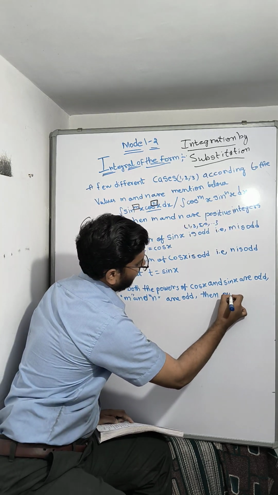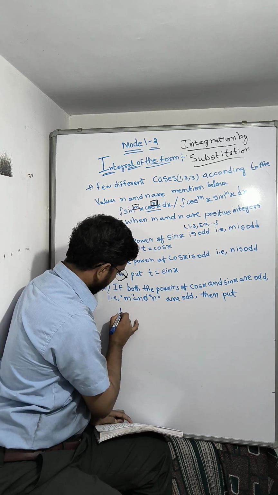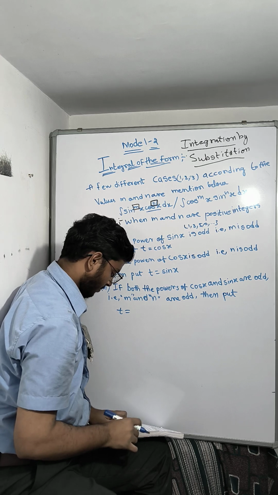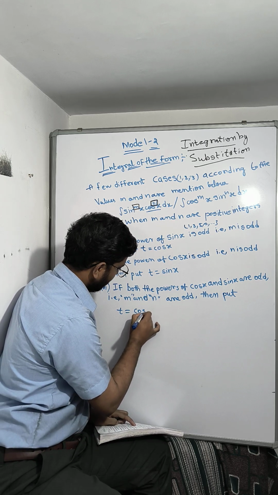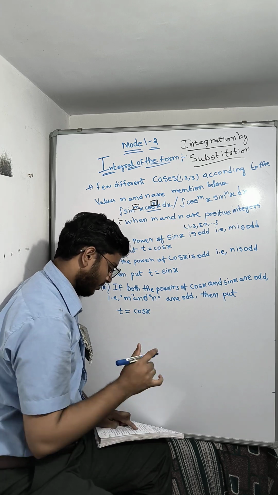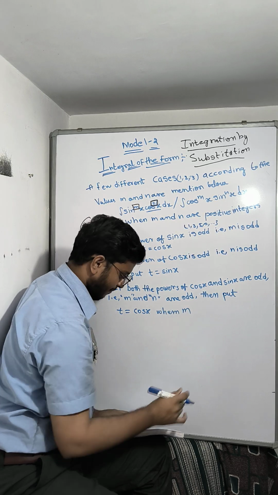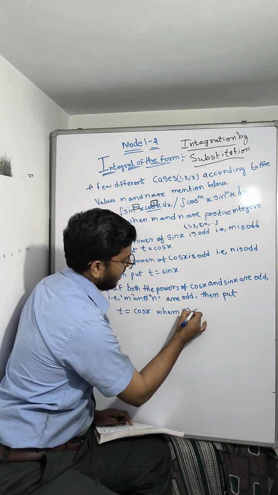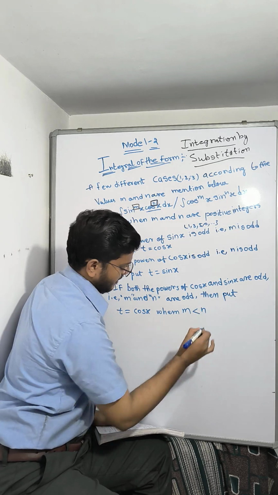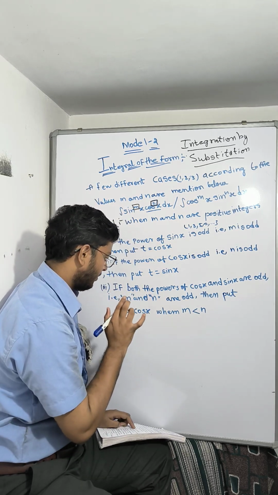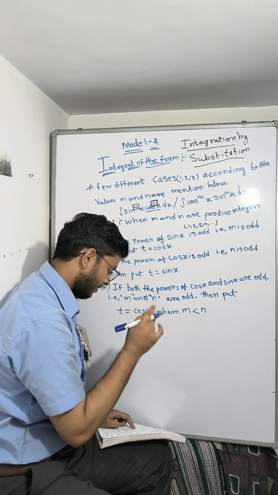put t is equal to cos x when m is less than n.